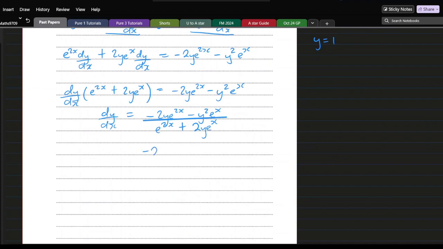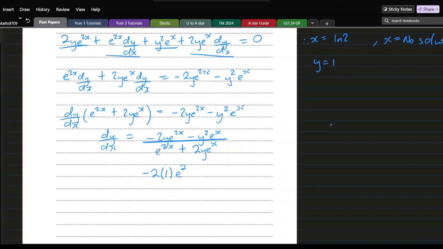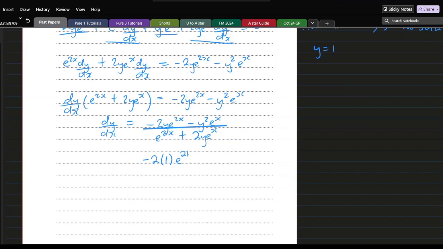So we can substitute that into dy/dx. Negative 2 times y, which is 1, and that's e to the power 2 times our x, and our x is ln 2, minus y squared, so 1 squared, times e to the ln 2, and this is all over. On second thought, we probably should factor out that exponential that I said doesn't matter. Okay, so let's do that. In our numerator, let's factor out e to the x.